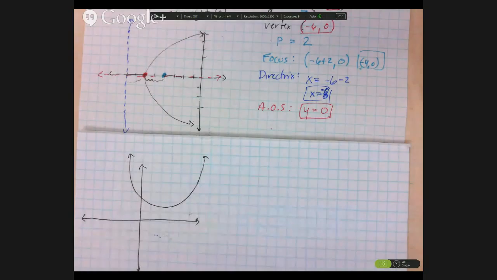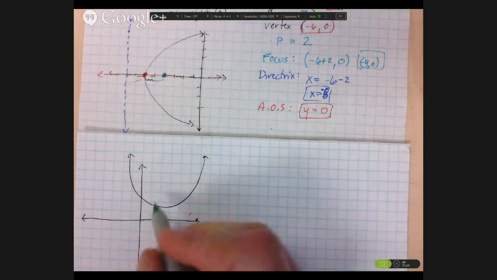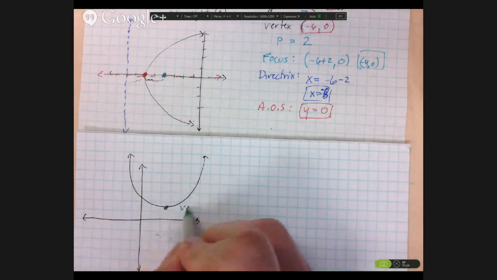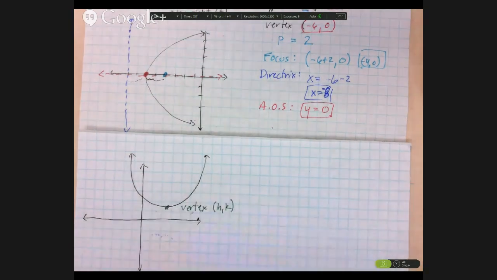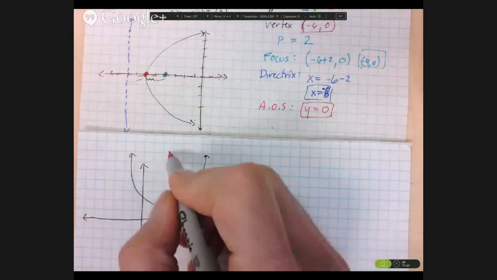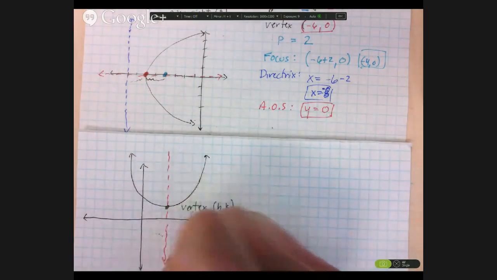All right, so here's a vertical parabola. You've already worked with these quite a bit, but I want to show it to you in this other form. Okay, we have a vertex. Still H, K, thankfully. Axis of symmetry.